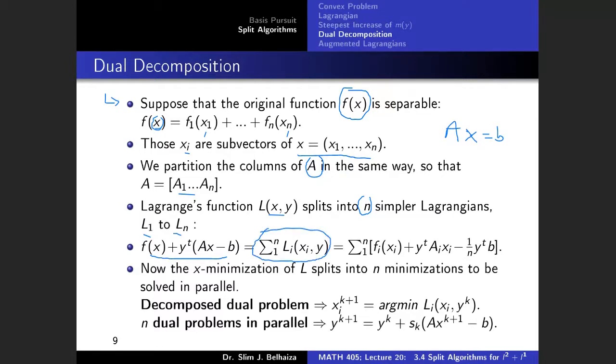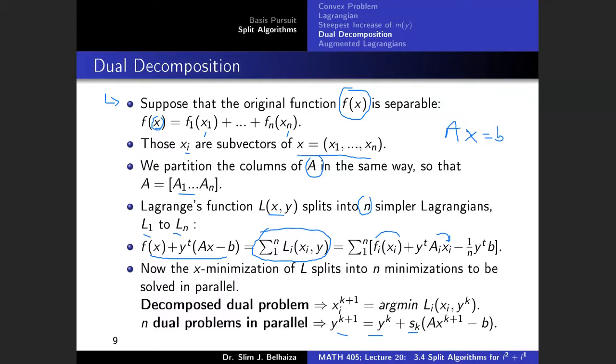And each one of the Li's contains what? It contains the corresponding fi with respect to the xi variable, and only the product of y transpose by the corresponding columns Ai of xi. Of course, the remaining part is left to the step size to take care of.